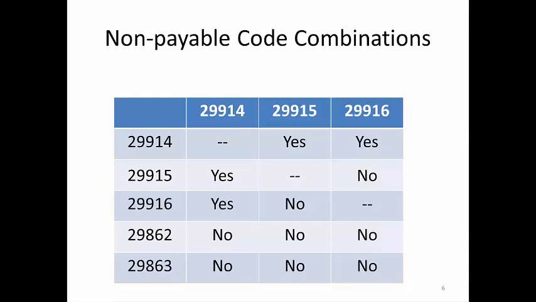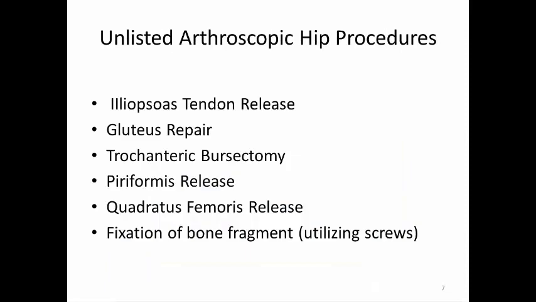The other thing I deal with, and I'm the same physician that I'm working with on these hip procedures, is that there are a limited number of codes, and there are more and more arthroscopic hip procedures being performed, and unfortunately the coding is behind the technology or the procedures.